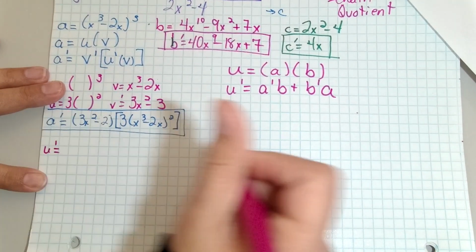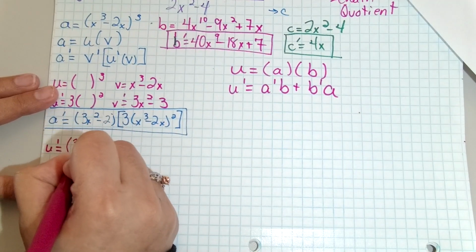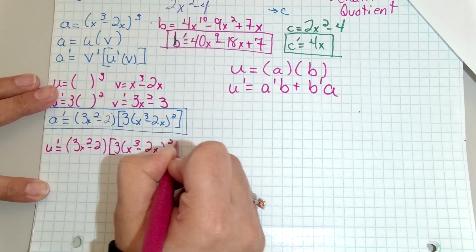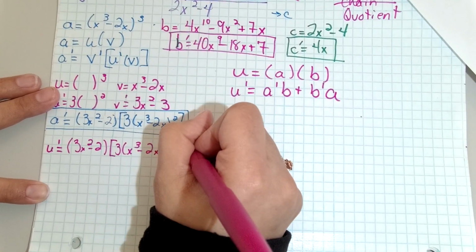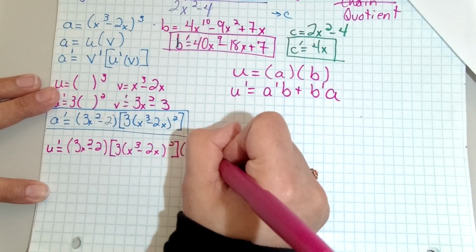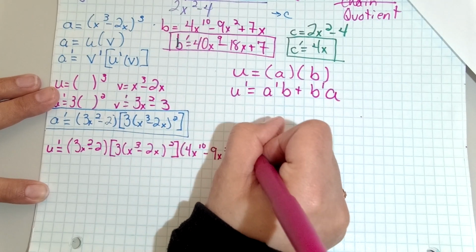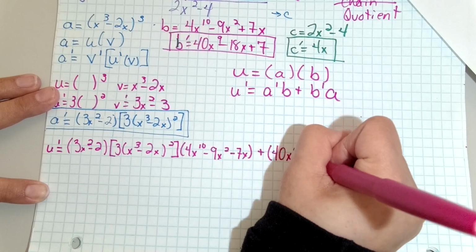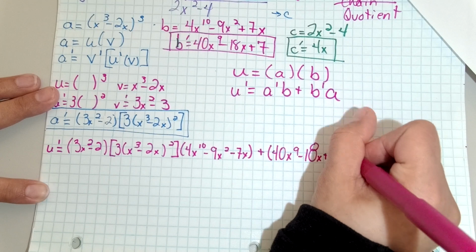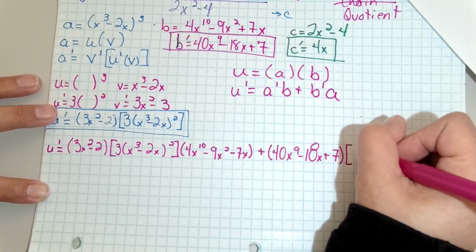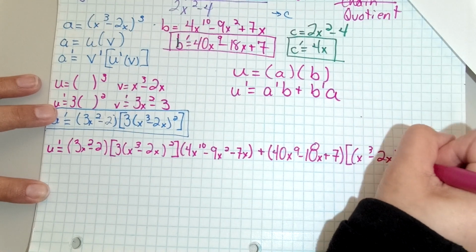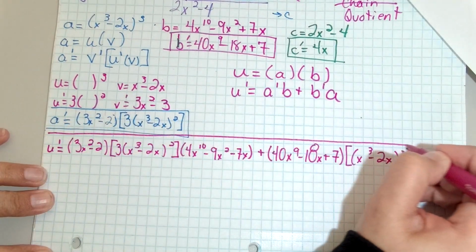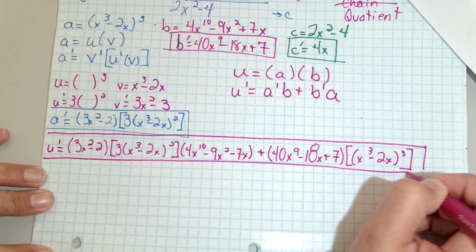So u prime is a prime times b plus b prime times a. All of that is u prime.